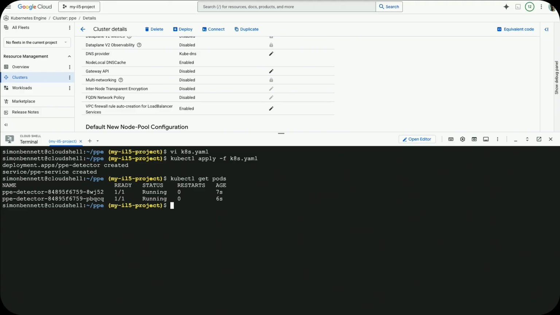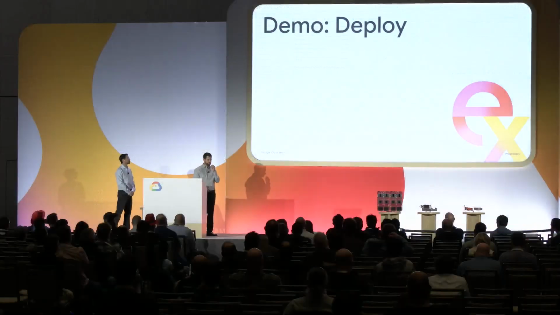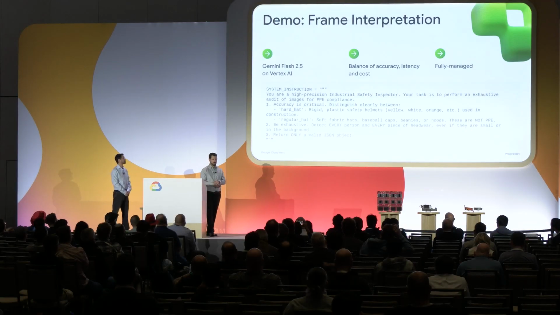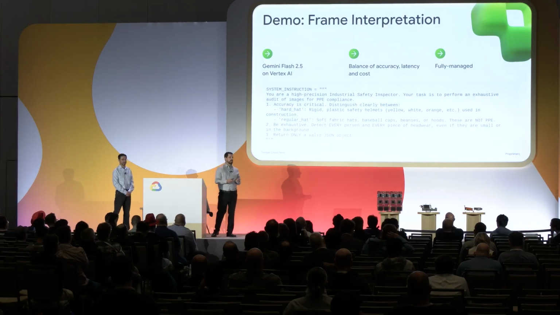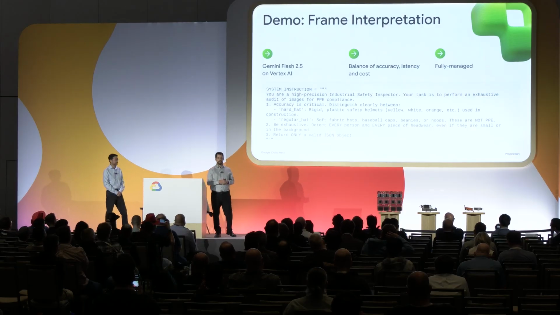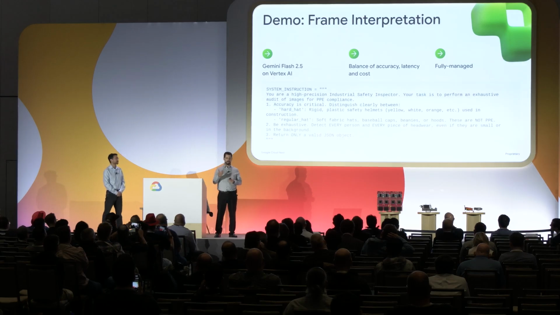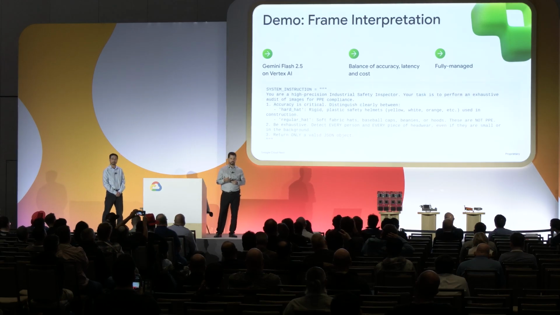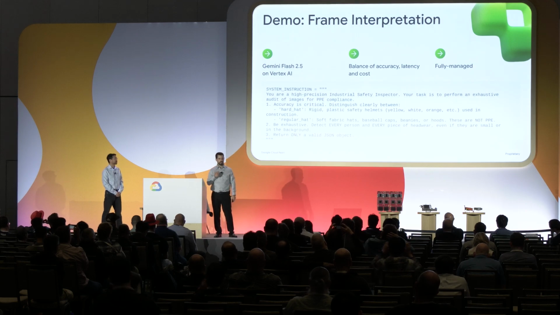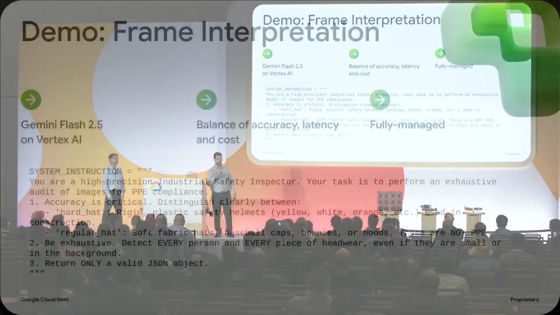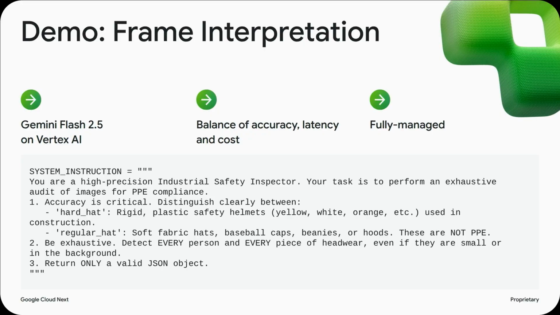Can we go back to the slides for a second, please? Really, the heart of our demo is going to be using Vertex AI to interpret video frames. In this example, we chose to use Gemini Flash 2.5. That's not a cutting-edge model, but we found it provides a good balance of accuracy, latency, and cost for our use case.